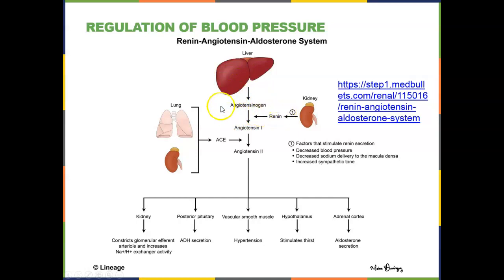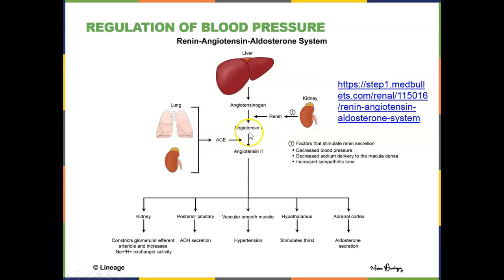Angiotensinogen is found in our blood plasma, and it just moves through our blood plasma as an inactive hormone. It only gets activated by renin if renin is released. So when we have low blood pressure, renin is released. It activates angiotensinogen and converts it to angiotensin 1.